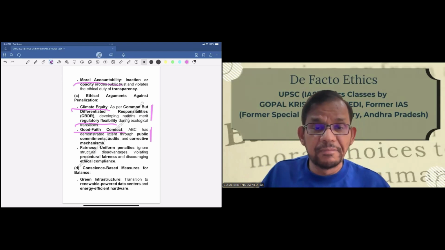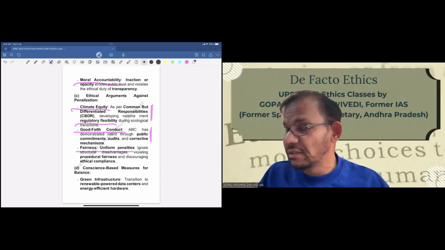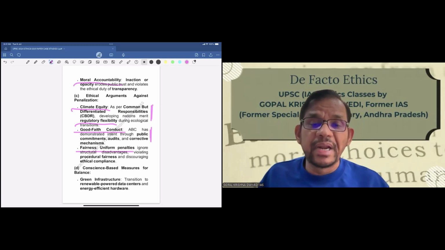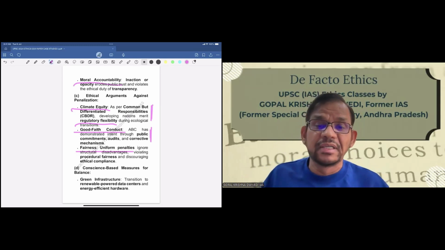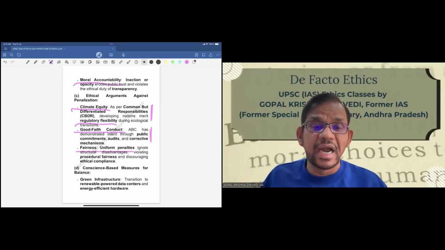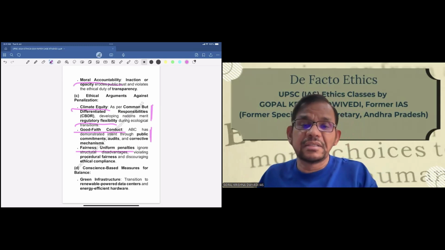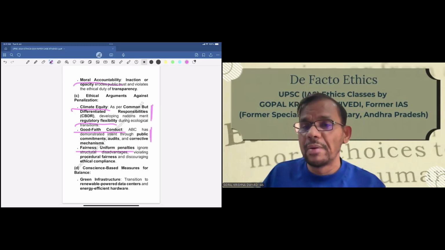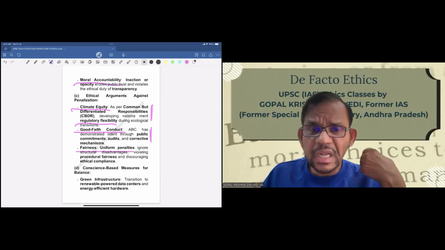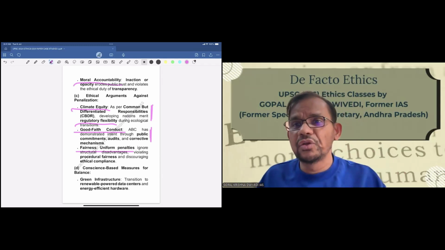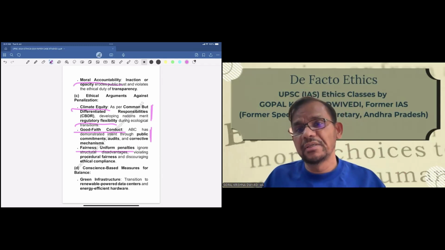What is third? Fairness. That is, uniform penalties ignore structural disadvantages, violating procedural fairness and discouraging ethical compliance. Because third world countries definitely require different treatment. And John Rawls' theory also, the right to equality also. Equality should be among equals.